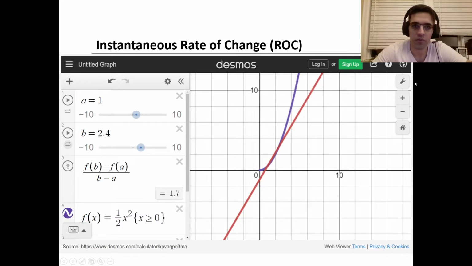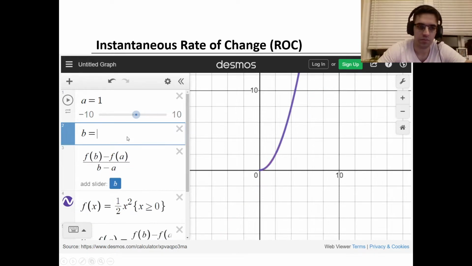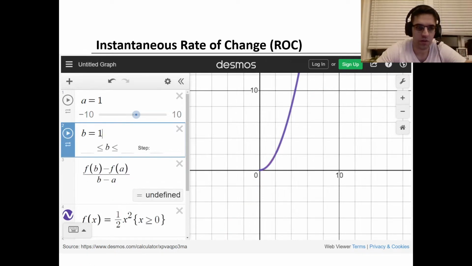Now, what I want to find is, basically at one point, what's the instantaneous rate of change? So if the point I want to find is at 1, our definition for average rate of change doesn't work for instantaneous rate of change, because if the interval is from 1 to 1, then f of b is f of 1, f of a is also f of 1, b is also 1, and a is also 1.